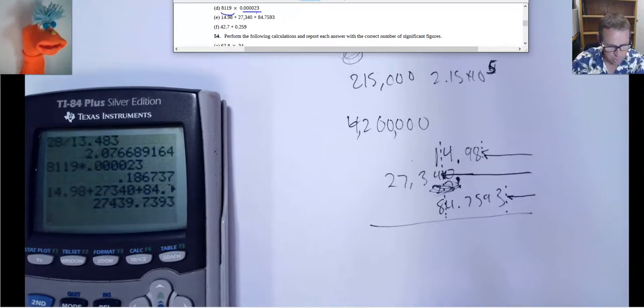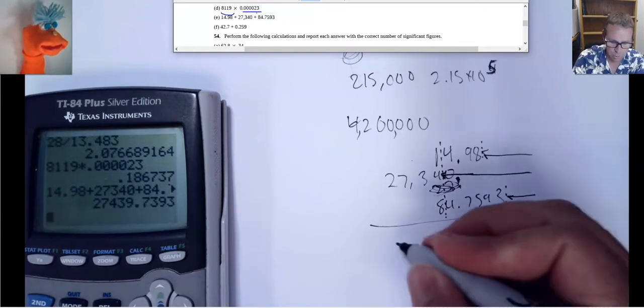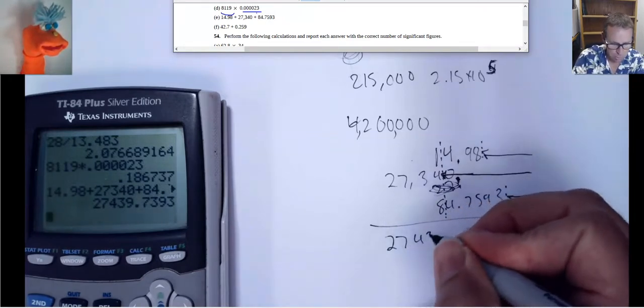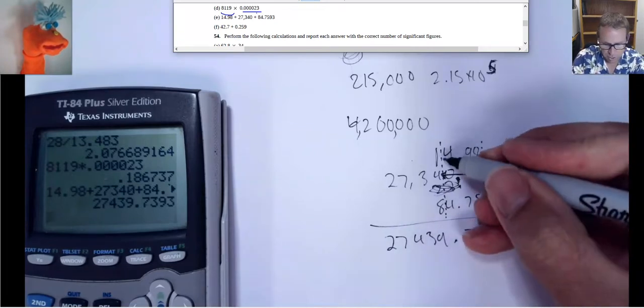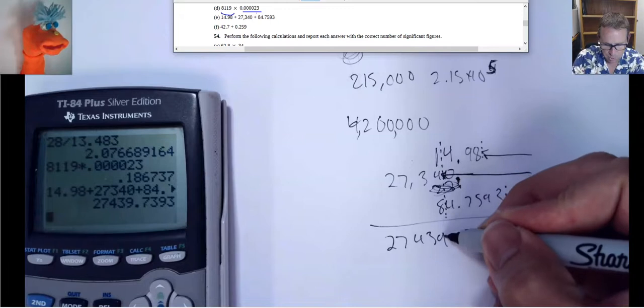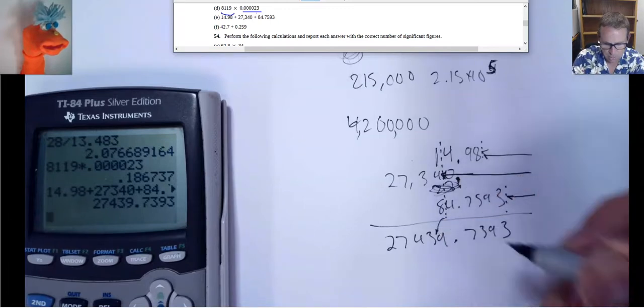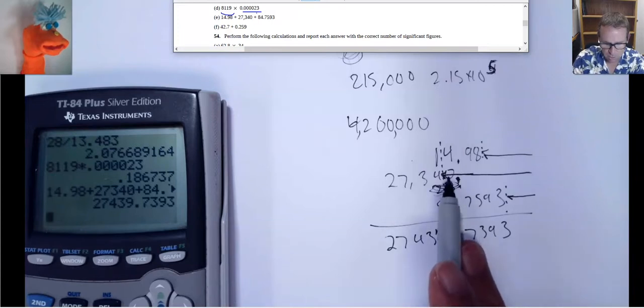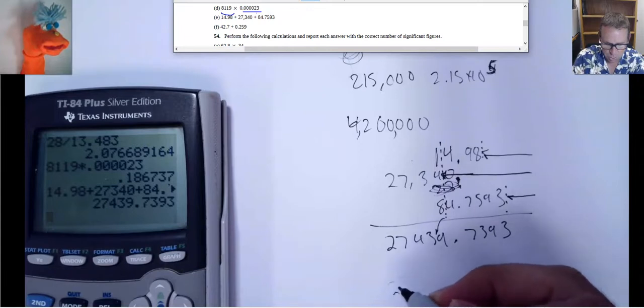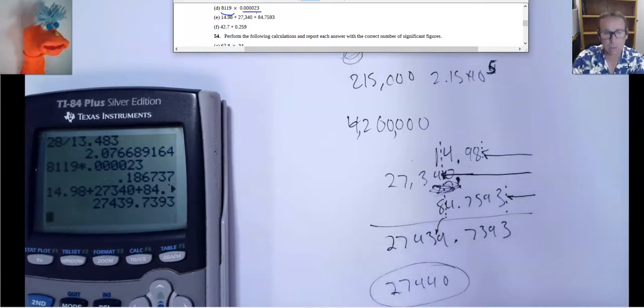All right, so the answer there is 27,439.7393. But again, this has to be the spot where our significant digits end, because this is where they ended for this number. So the answer is going to be 27,440, and that's going to be our answer.